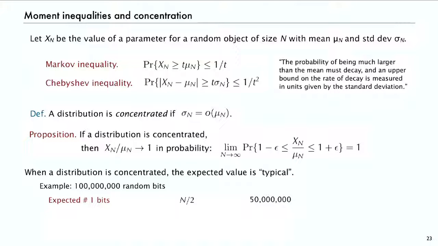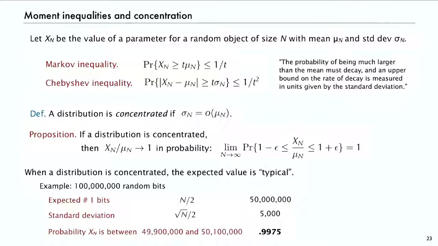And this is just an example for our random bits. If you have 100,000 random bits, you expect about half of them to be 1 bits and about half of them to be 0 bits. The standard deviation is square root of n over 2, so it's only about 5,000.